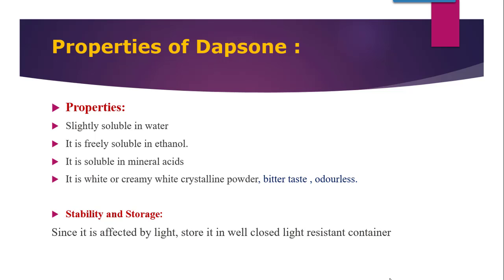There are a few drugs which you will have to study completely, along with the properties, stability, storage, etc. The properties: slightly soluble in water, freely soluble in ethanol, and soluble in mineral acids like HCl. It is a white or creamy white crystalline powder, bitter in taste, odorless, which is the same as the earlier drugs which we have seen.